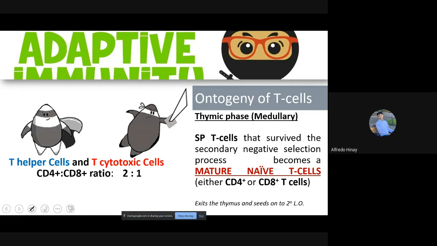Then they will exit the thymus and seed the secondary lymphoid organs, for example the spleen, lymph nodes, gut, etc. Take note of this also, class: the T helper cell to cytotoxic T cell, or CD4 to CD8, ratio is 2:1. There should be more helper cells than cytotoxic cells.